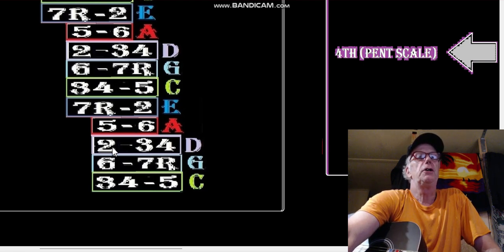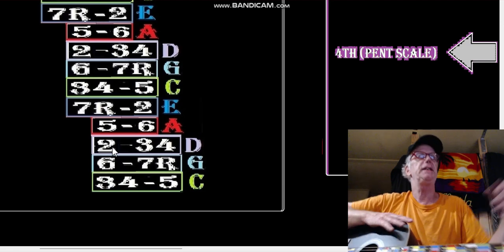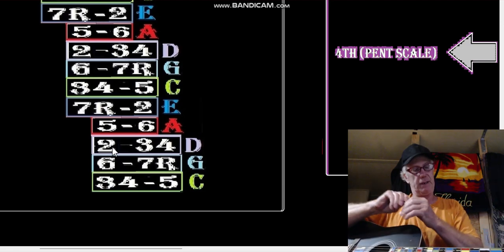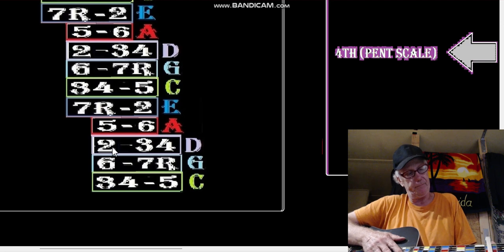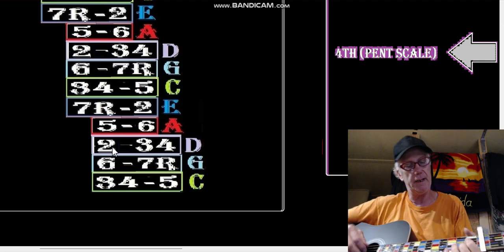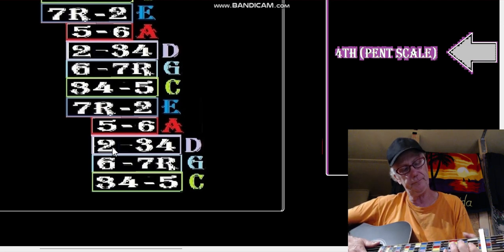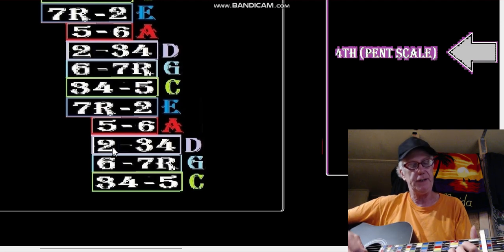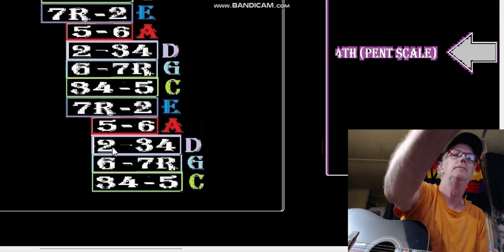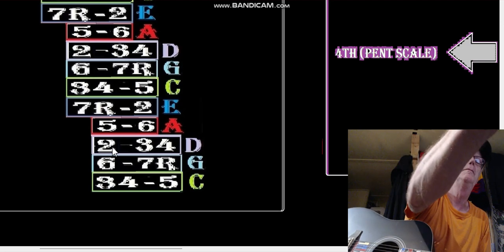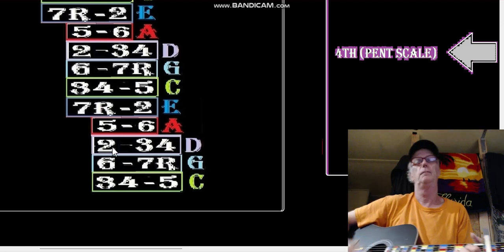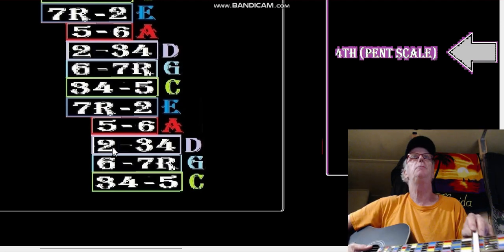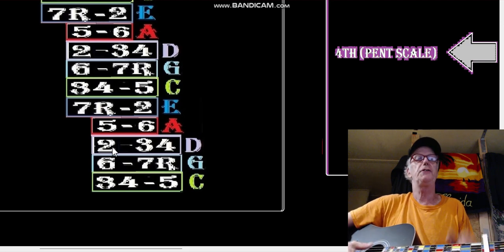It's 2 because when you're playing a D with the capo on, the E becomes the 2. Why is it called D?